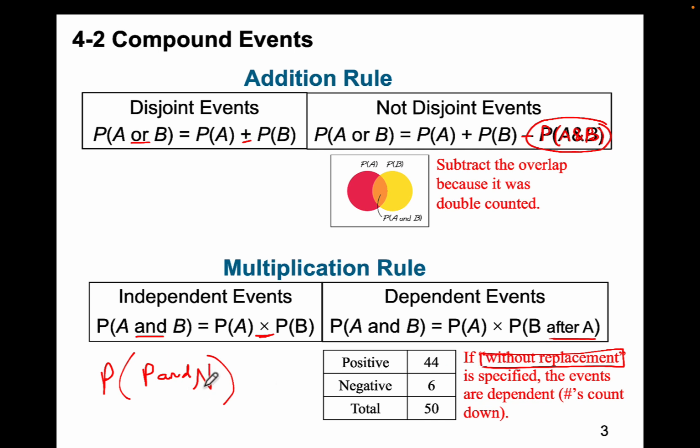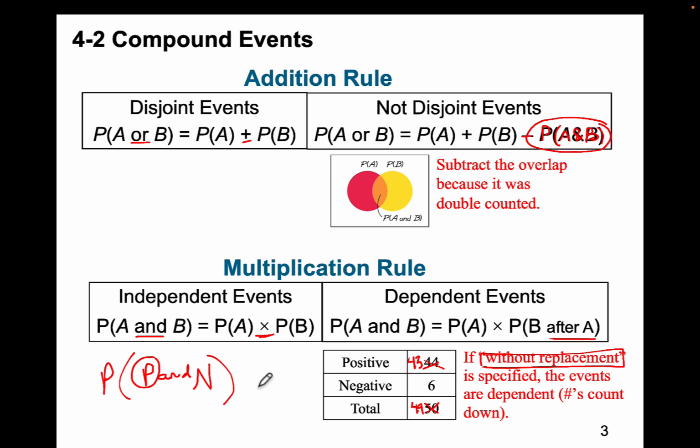And then we're going to poll event B. So for this table, after we poll event A, which would be a positive test result, and we don't put it back, then we only have 43 positive test results left out of 49 now.